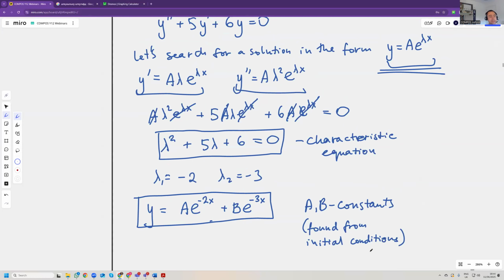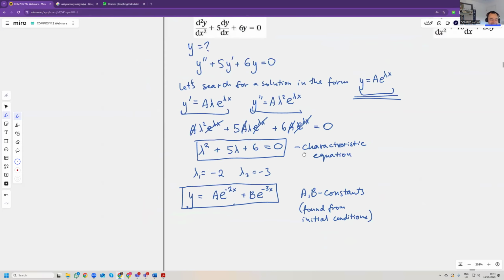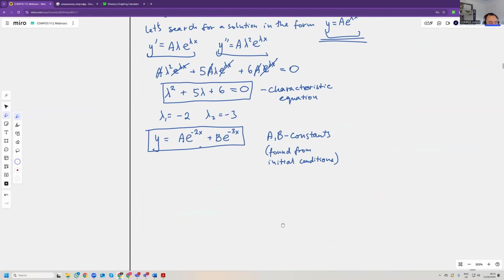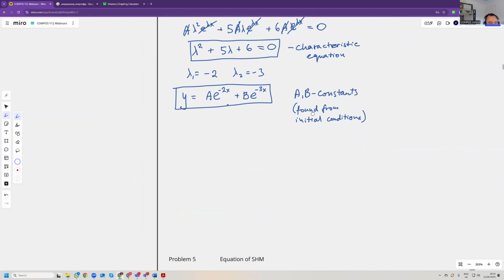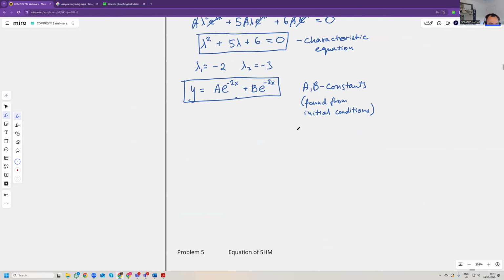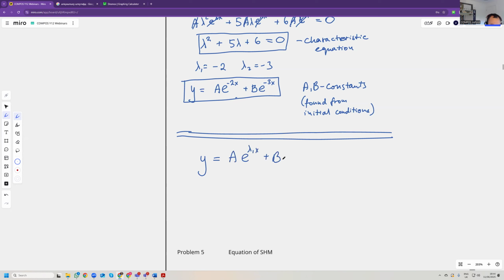And that's it. That's what makes differential equations of the second order super easy. So all you need to do is write down the characteristic equation and then write down the solution. So y is equal to A e to the lambda 1 x plus B e to the lambda 2 x. And that's it.